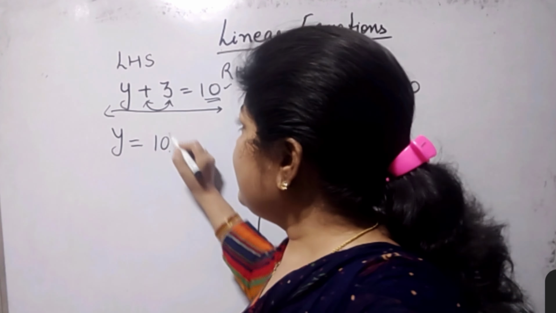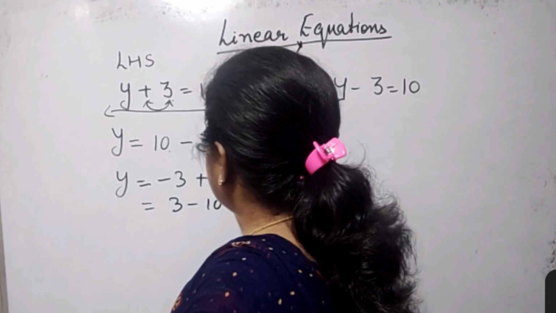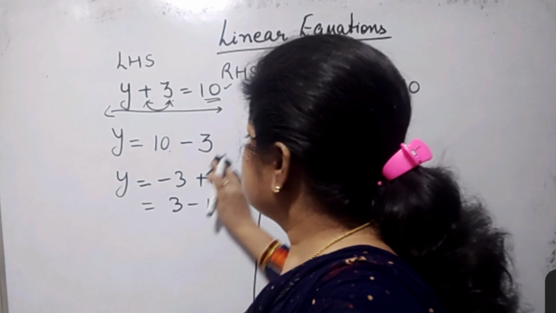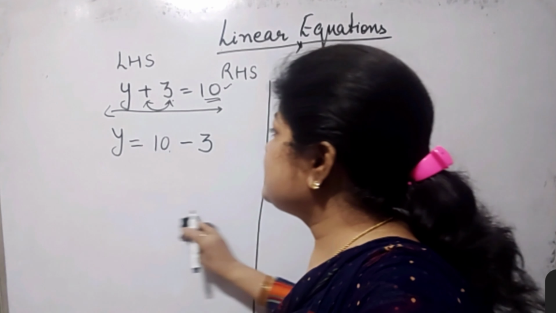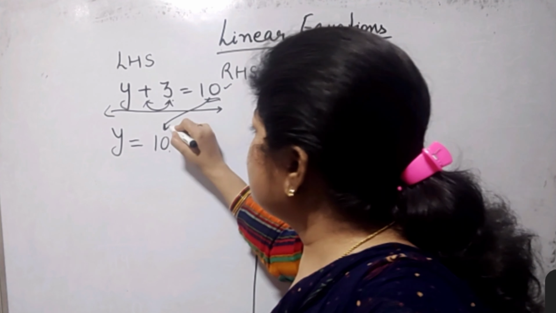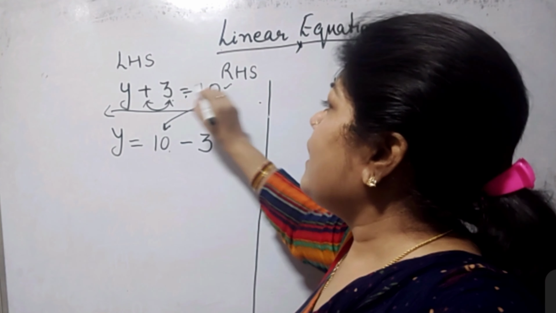Sometimes some students write it in this way, minus 3 plus 10, and they do it wrong. These are the mistakes done by the students. So firstly, note down the digits or the things which are written after equal to, then shift the other thing to the right side.